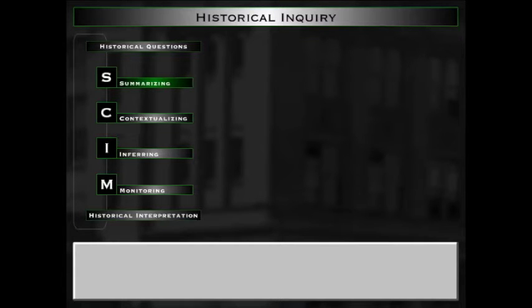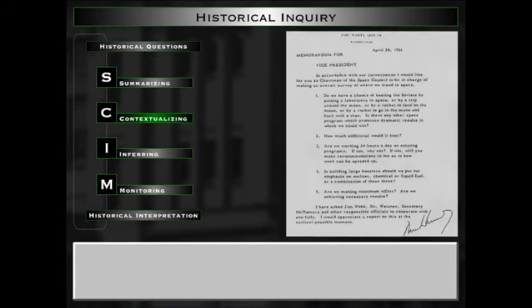Following the summarizing phase, the next phase of the SCIM strategy is the contextualizing phase. One of the main challenges of contextualizing is making sense of the source within the context or time period in which the source was produced. Sources are always remains of the past, and thus produced during a specific time period, for a specific purpose, and by a specific individual or group.